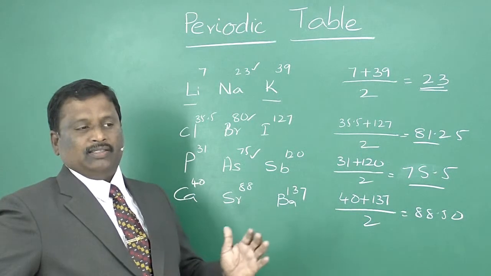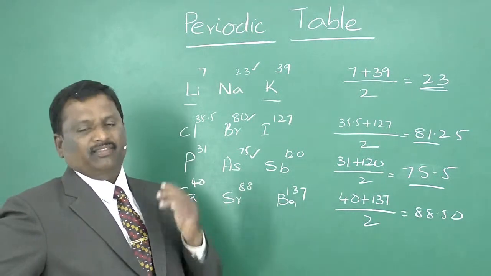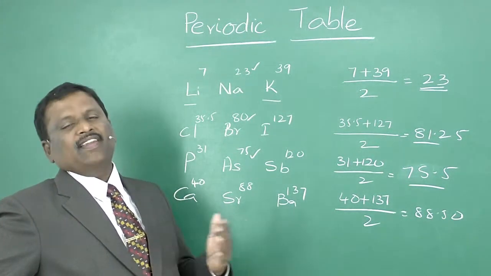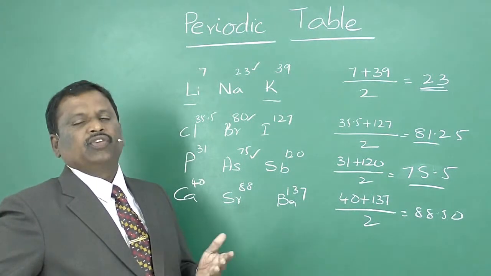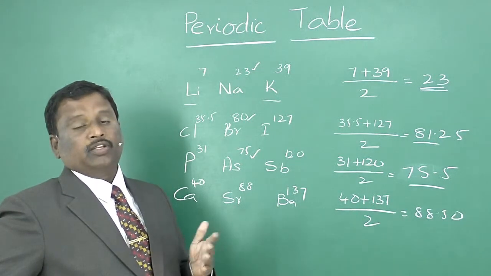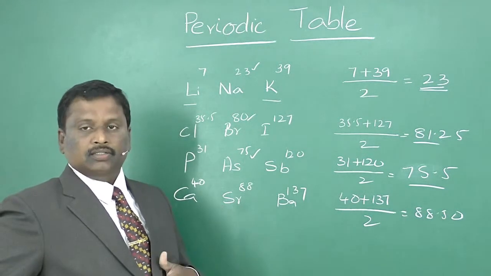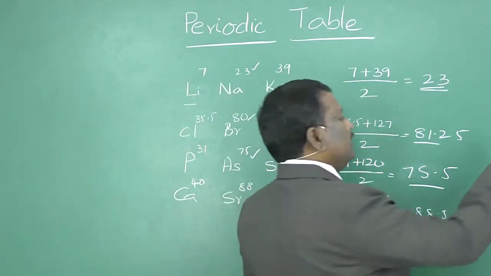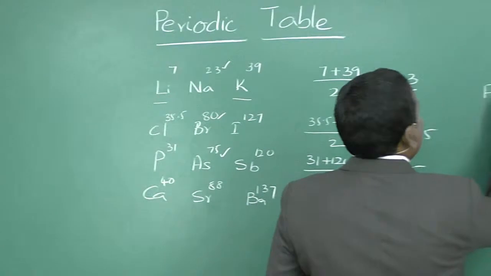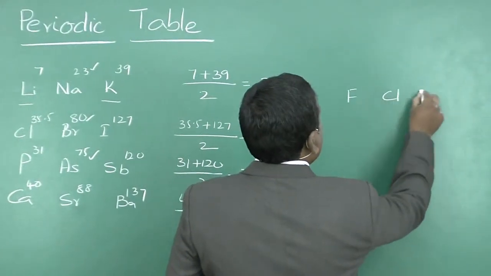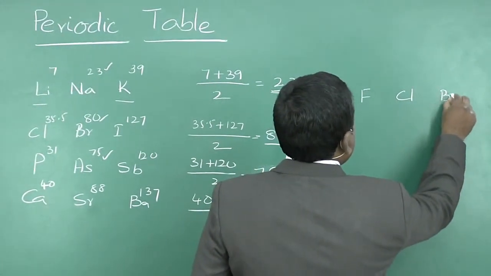But as new elements were being discovered, this law failed to explain the properties of all the triads. For example, take a group like fluorine, chlorine and bromine.